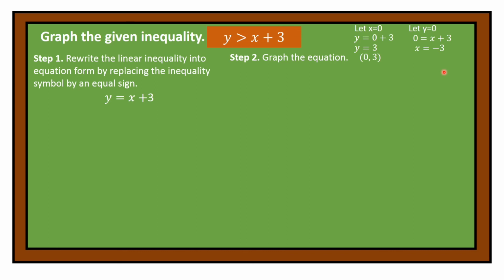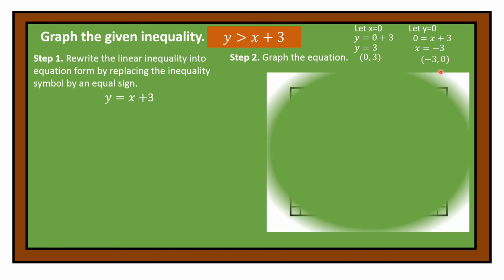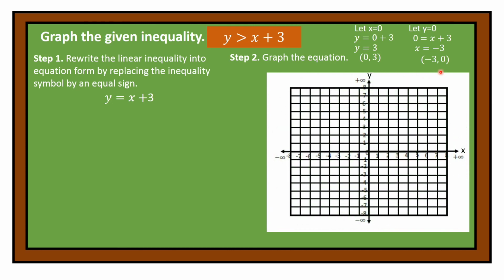So, we have here x equals negative 3. So, ang ating x-intercept ay negative 3, 0. So, i-plot natin sa ating Cartesian plane. So, ang 0, 3 sa y-axis ay itong point na ito. So, ito yung magiging first point natin.